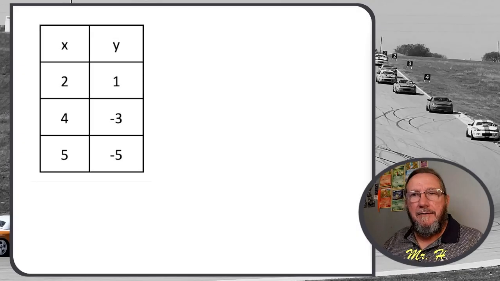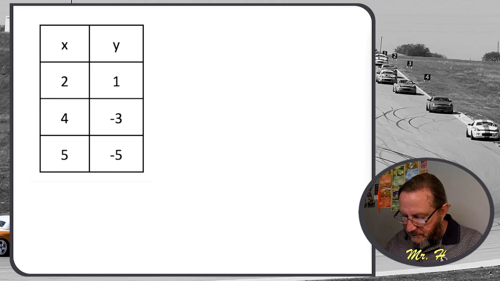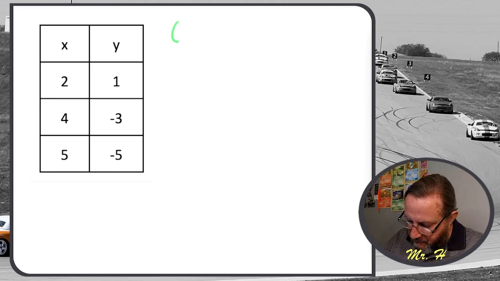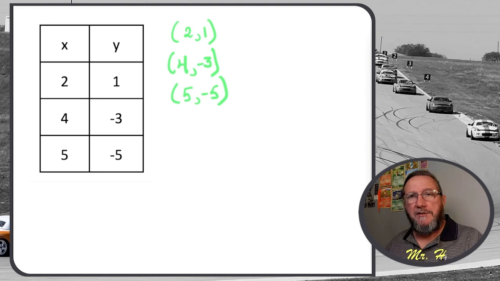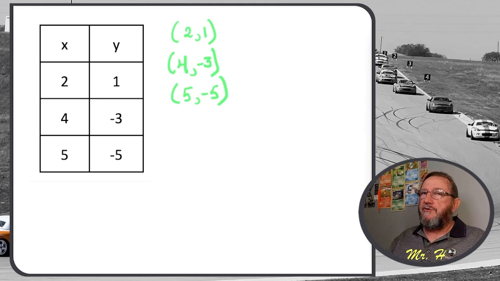Welcome back. We're going to take information in this table, and the first thing I'm going to do is remember that this XY table provides me with 3 points, the point 2, 1, the point 4, negative 3, and then the point 5, negative 5. 3 points. I want to write the equation of the line. I have no slope.